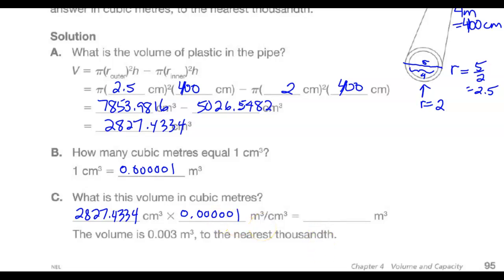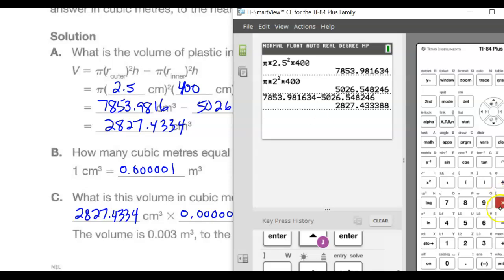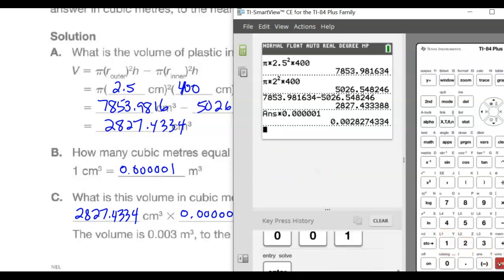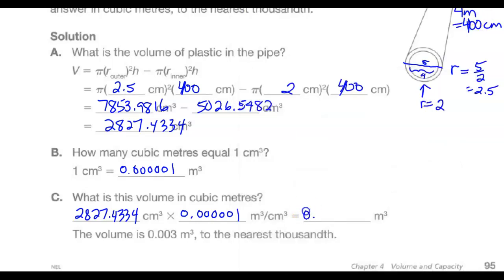If we do that in our calculator, I'm going to multiply 0.000001 by the answer, and we get 0.002827. Notice how it's rounded for you. If we are asked to round to the nearest thousandth, that 8 makes the 2 go up to a 3. So that's your answer.